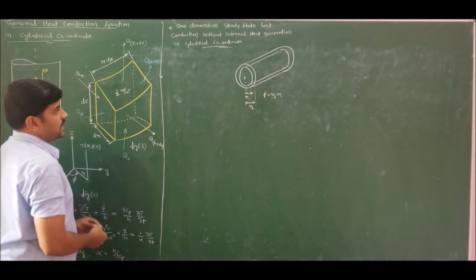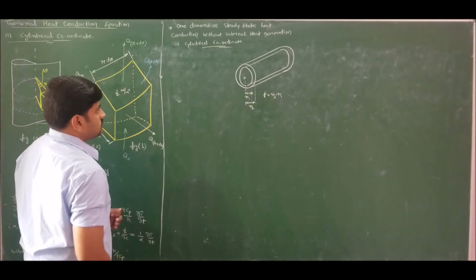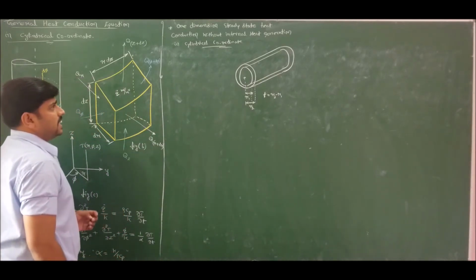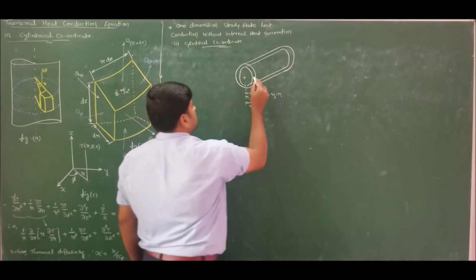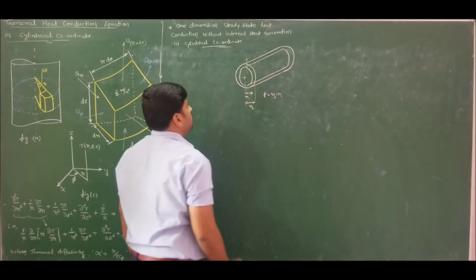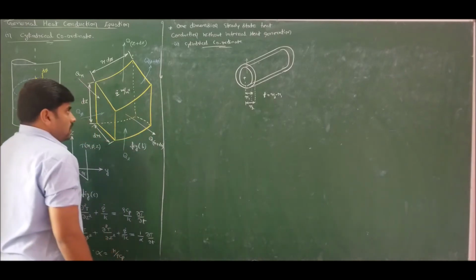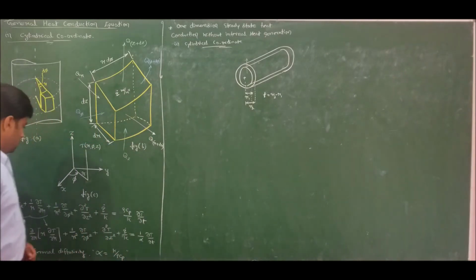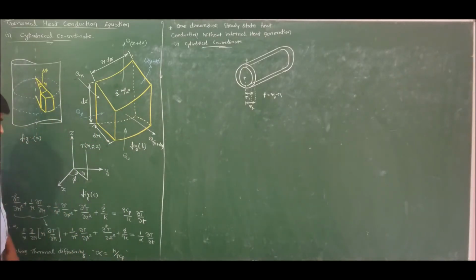Let us consider a cylinder like this. Now for one dimension, that is in radial direction, that is in R direction, let me consider the heat flow in R direction. Therefore the phi and z directions are neglected.